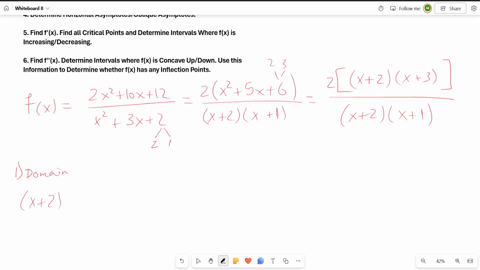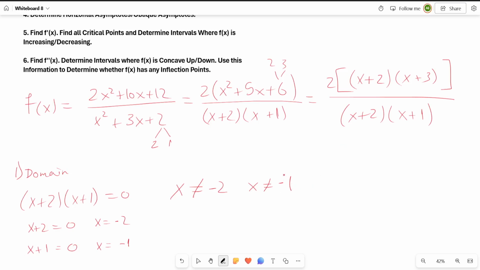So I will equate x plus 2 into x plus 1 equals 0. From here, I can deduce that either x plus 2 equals 0, which will give me x equals minus 2, or x plus 1 equals 0, which will give me x equals minus 1. So my domain is basically anything except those 2 values. So x cannot be equal to minus 2, and x cannot be equal to minus 1.